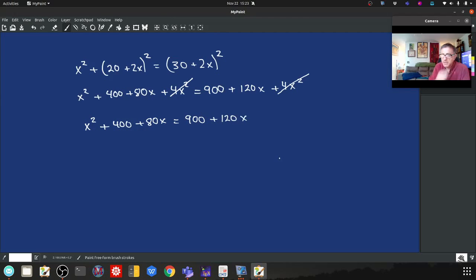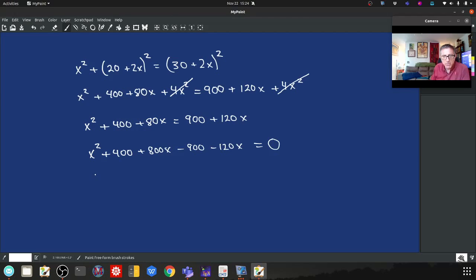So let's bring everything on over to the left-hand side. So that's x squared. That's what's over here. Minus 900 minus 120x is equal to 0.